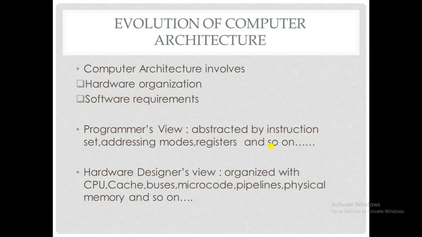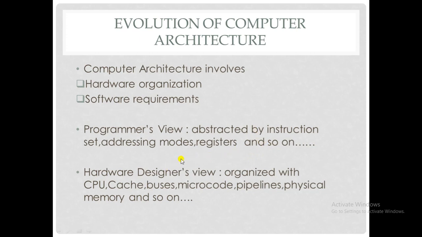Let's move to the first topic. The study of computer architecture involves both hardware organization and software requirements. We can define computer architecture in two ways. First one is the programmer's view. In an assembly language programmer's view, the computer architecture is abstracted by instruction set, addressing modes, registers, and so on.